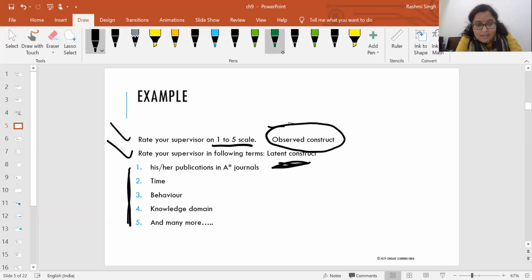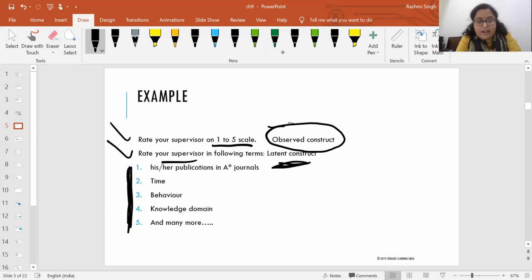Why latent? Because the rating is defined by these five different variables, or five different items, like his or her publications in A-star journals. Second, how much time he or she is giving to you. Then behavior-wise, how that person is, knowledge domain, and there can be some other things also. So these five items are actually deciding the rating of my supervisor.